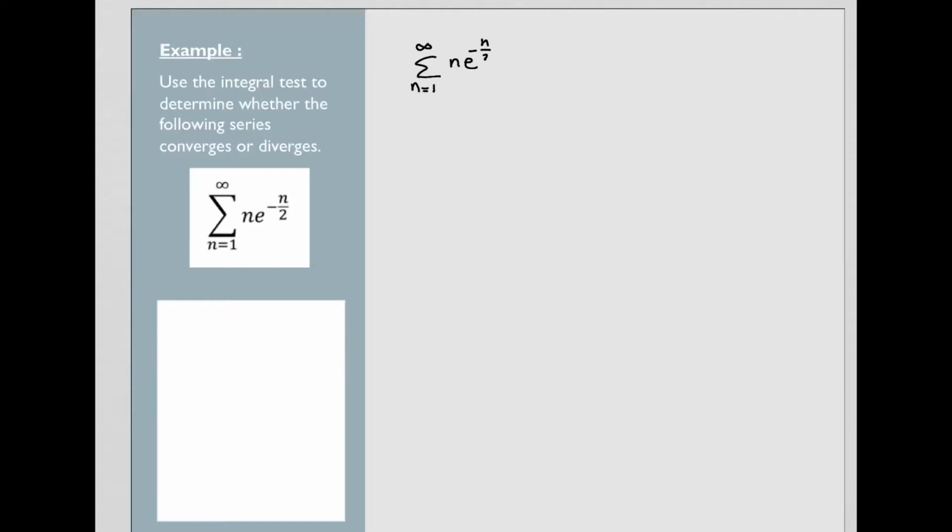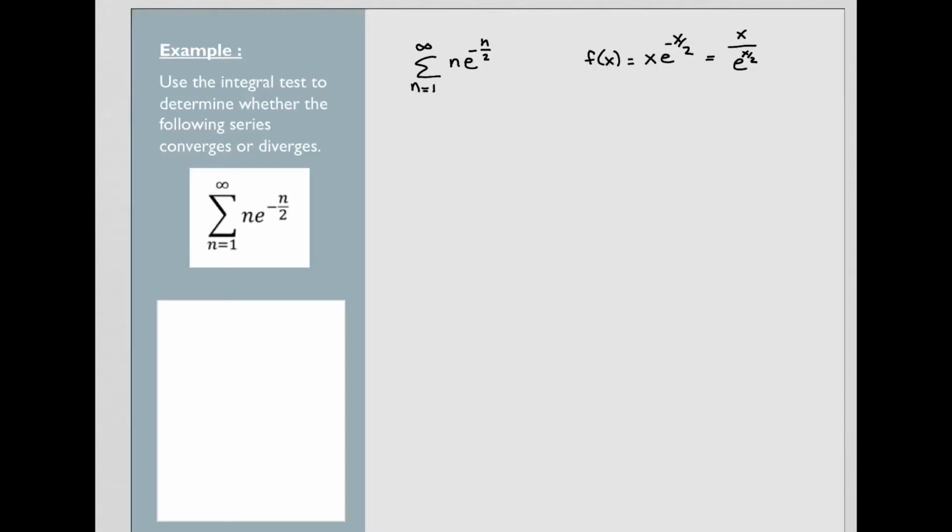I have n times e to the negative n over 2. So let's look at the corresponding function f of x equals x times e to the negative x over 2. If you like, that's the same thing as x over e to the x over 2.